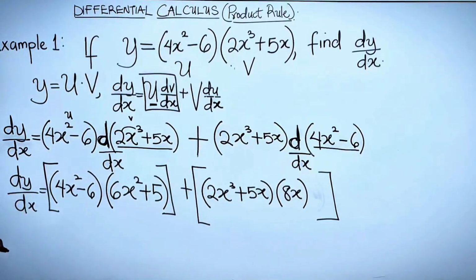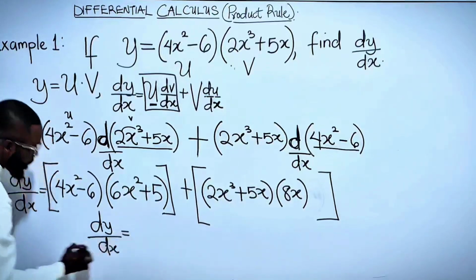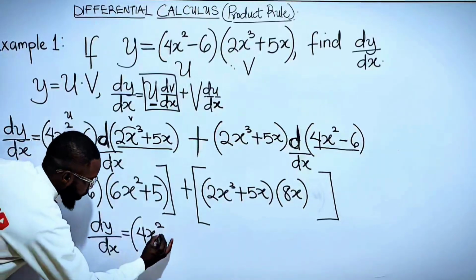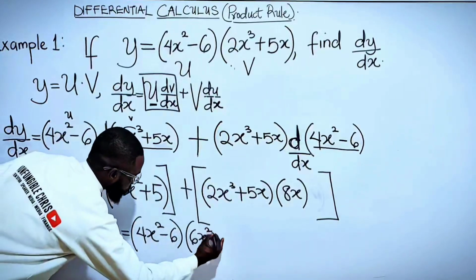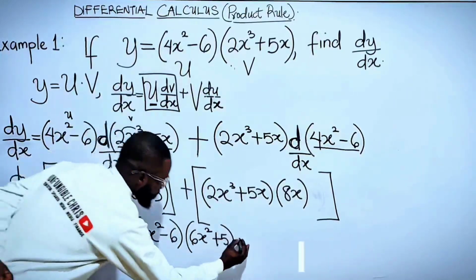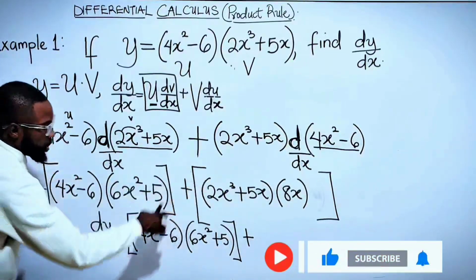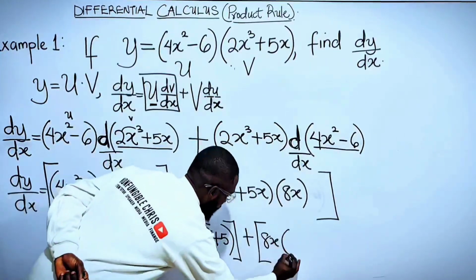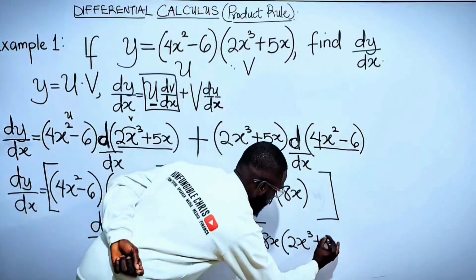All making sense? So to end the long talk, we can leave our answer like this and say the final answer for dy over dx is equal to 4x squared minus 6 times 6x squared plus 5, then plus, in a square bracket, 8x times 2x cubed plus 5x.